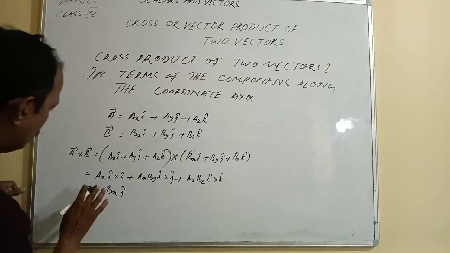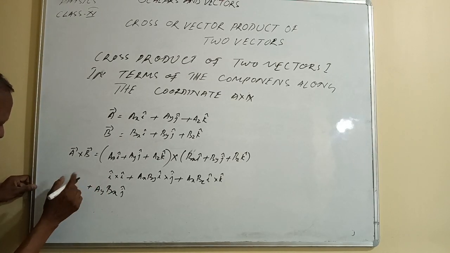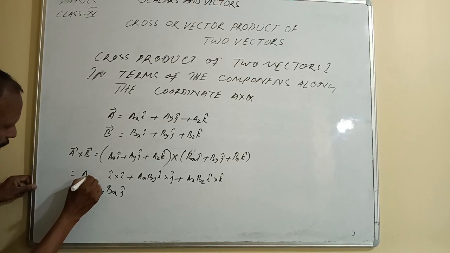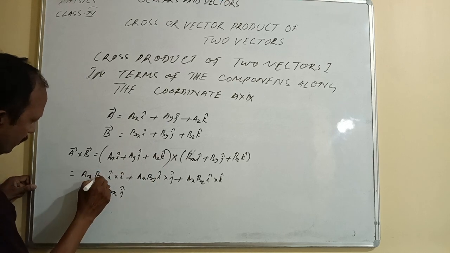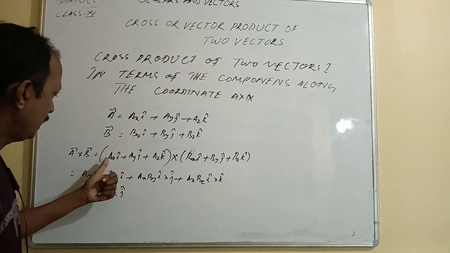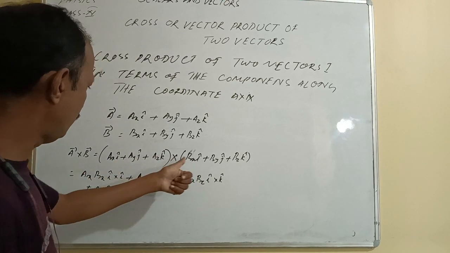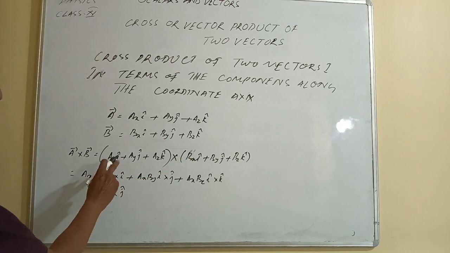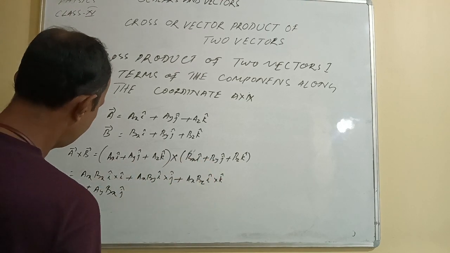So here also one mistake I have committed. This is AX BX I cap cross I cap, plus AX BY I cap cross J cap, plus AX BZ I cap cross K cap.